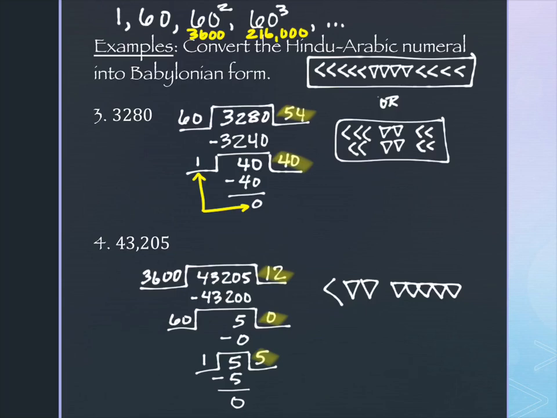It very much, at the very least, looks like this is 5 in the 1's place, and maybe this is 12 in the 60's place, not 12 in the 60 squared's place. And you can imagine, bookkeeping purposes wise, this wouldn't be good. Because if somebody owed you $43,205 and you, through a bookkeeping process, made the number look an awful lot like 17, that's not good, right?